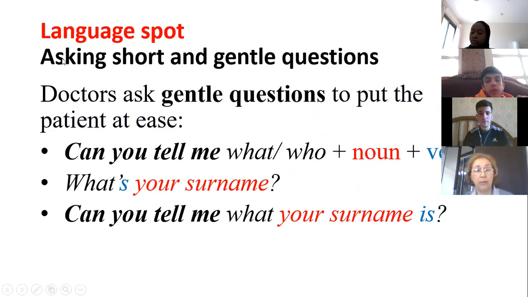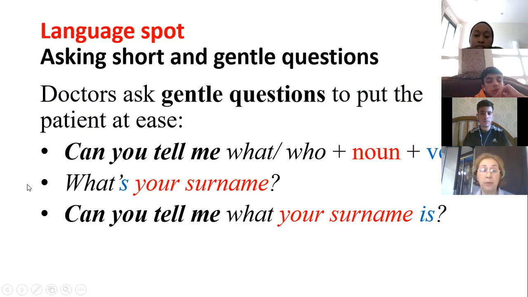Let us look at the grammar structure of these kinds of gentle questions that doctors ask to put the patient at ease. As you can see, the structure of the complex indirect question is given here. The beginning of the question is, can you tell me? And then the second part should be the question word, what or who, plus a noun, and then the noun should be followed by a verb.